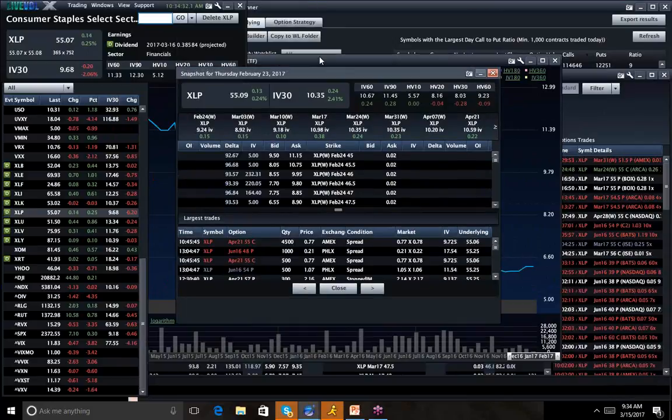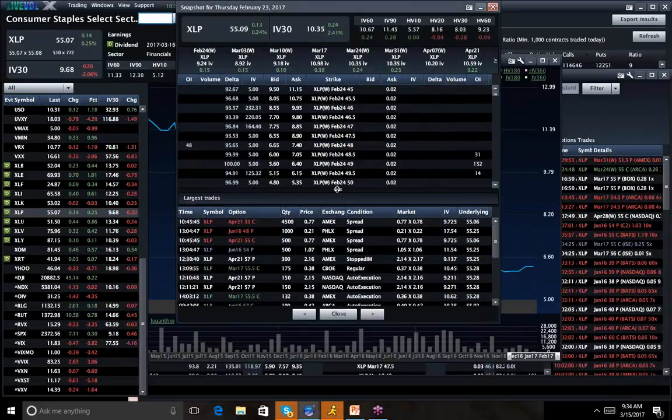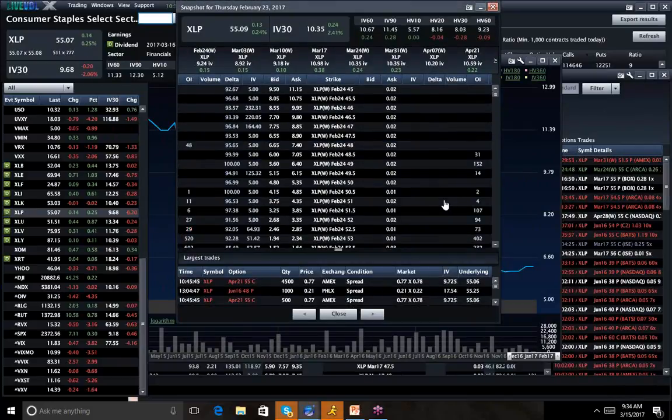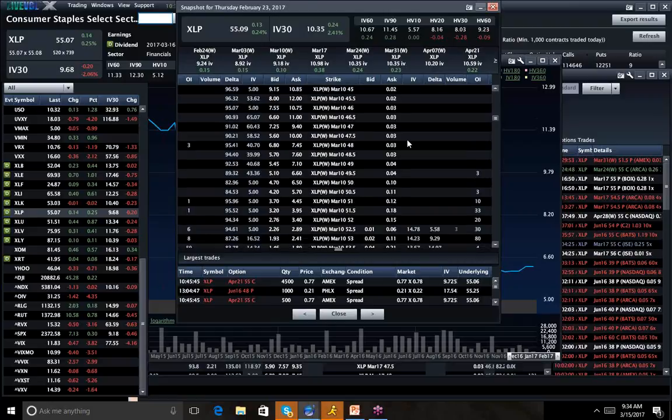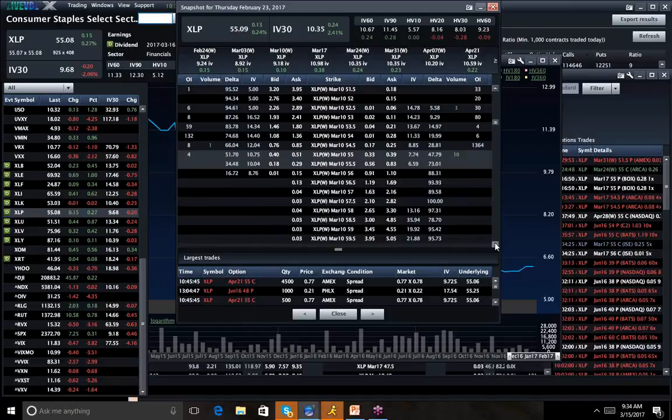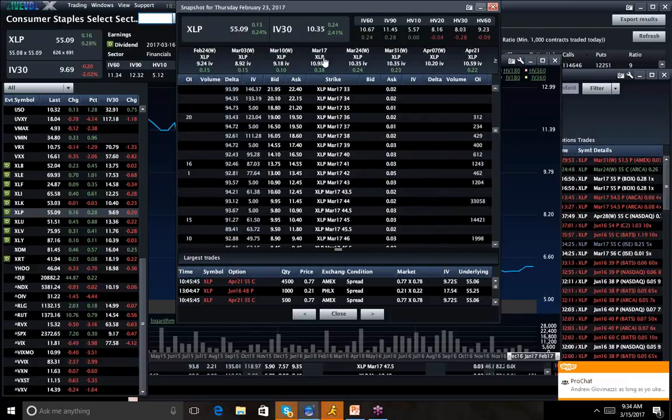Here we are, 55 bucks. I want to do a weekly fly, so we'll go to the March 10s. With this thing trading 55.09, you can see it hasn't moved very much. We can even just do regular March, that'll make it easier, because I'll get tighter markets.